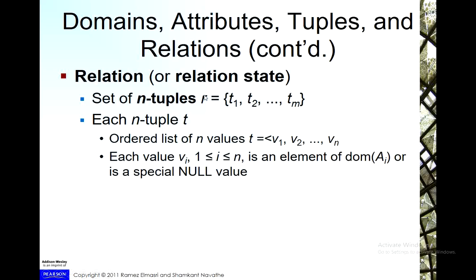But r here is not for row, r here is for relation, and t is for tuples. These tuples inside the relation make up the whole number of rows of this relation.